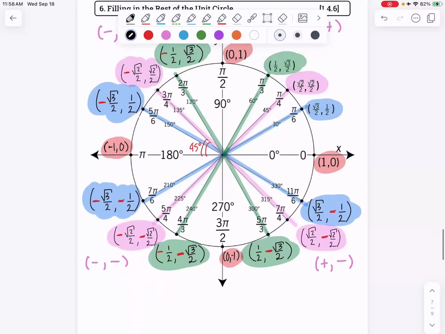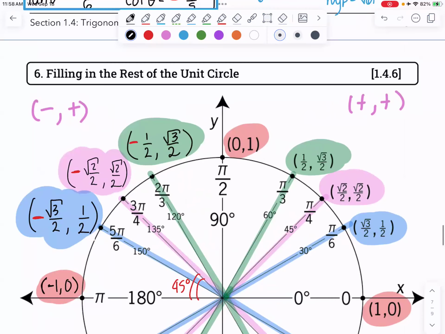Because look at these values. They're all over 2, and really, they're all square roots. Square root of 1 is just 1, so we don't put it there, but square root 1, square root 2, square root 3.